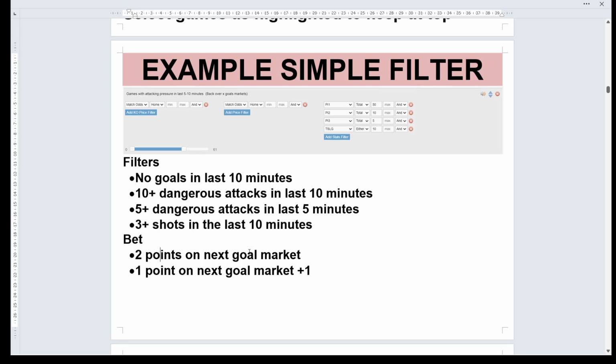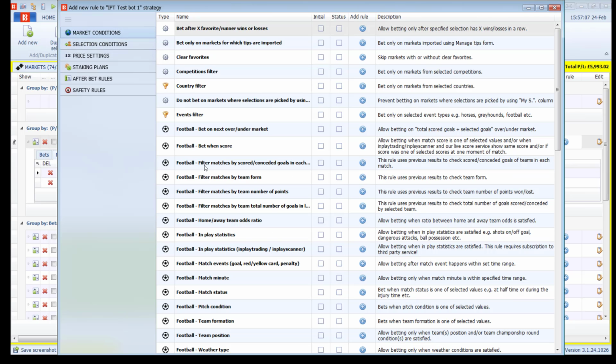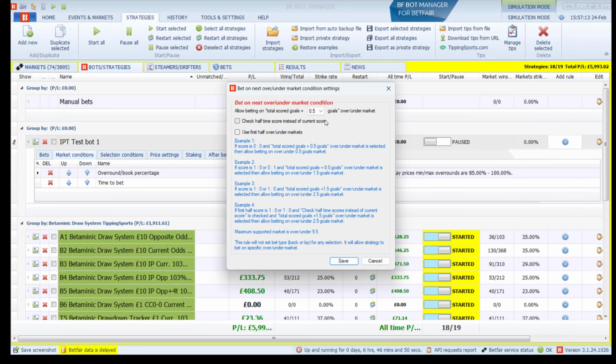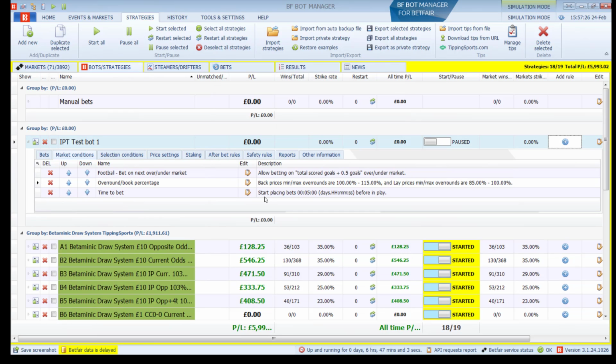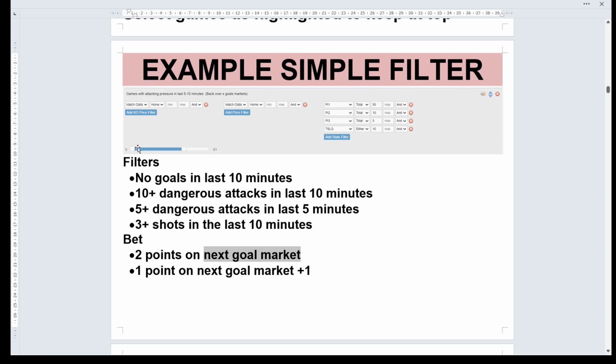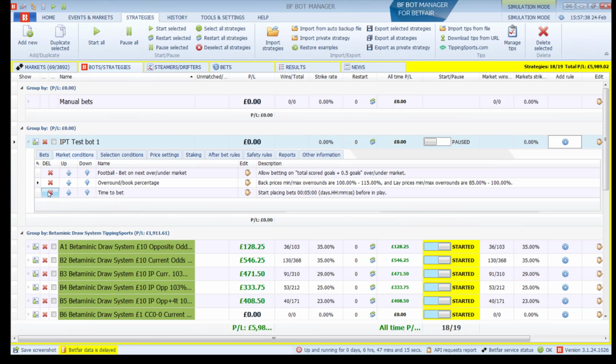In this case, my bet is going to be on the next goal market. So I go to market conditions and I look for the football bet on next over under market. So it's going to allow betting on total scored goals plus 0.5 goals. And I want to change this time to bet because I want to bet from 0 to 61 minutes using the in-play trading data, not the data that comes with the BF Bot Manager.